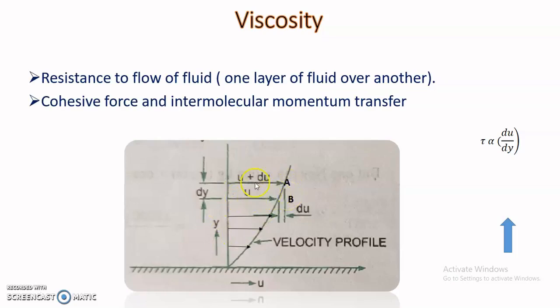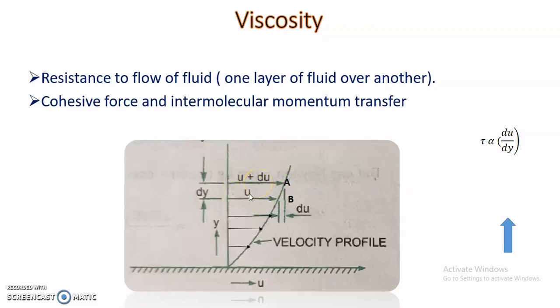Since the upper layer is moving at a greater velocity than B, the upper layer will feel a resistance in its flow, and vice versa. That means the upper layer A will exert a shear stress on the lower layer. In the same way, the lower layer B will exert a shear stress on the upper layer during the fluid flow.